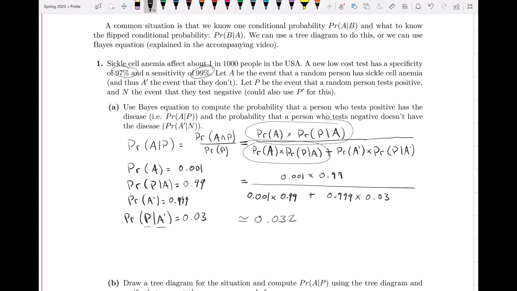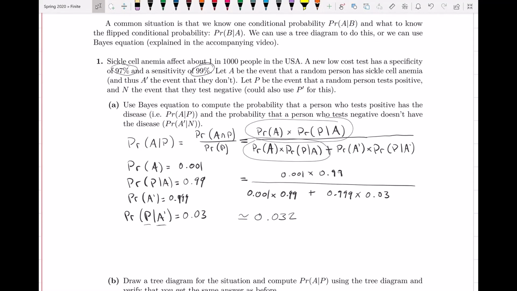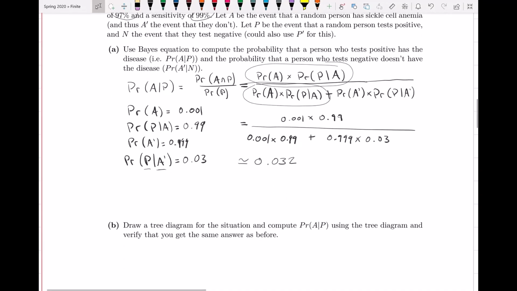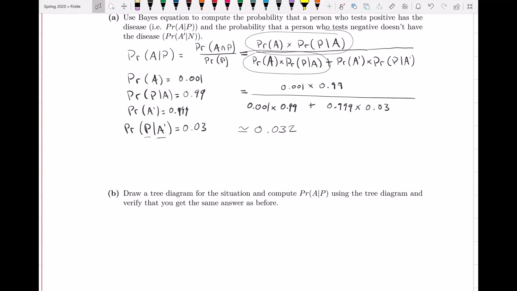And the probability that a person who tests negative doesn't have the disease. Well, I've actually run out of room here. Let's see, I'll just be a little more compact, and a little faster, as it's basically the same computation. So that's the first part.